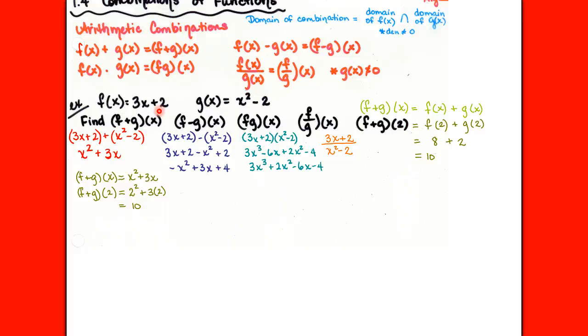Well, we studied domain over a month ago? It's been a little while, so let's review. Your domain is going to be all real numbers unless one of two things happens. Do you remember what those two things are that we had to watch out for? Okay, can't have 0 in the denominator.